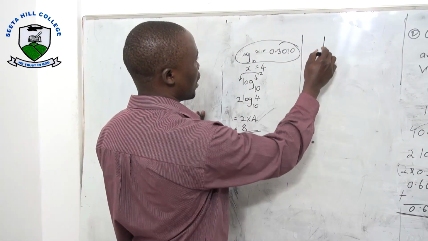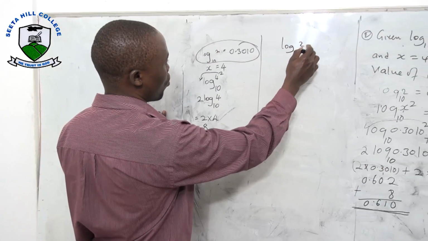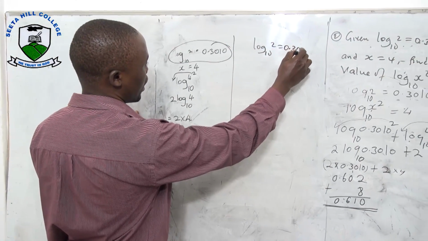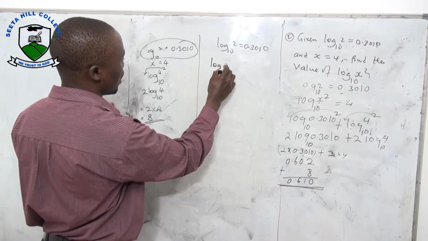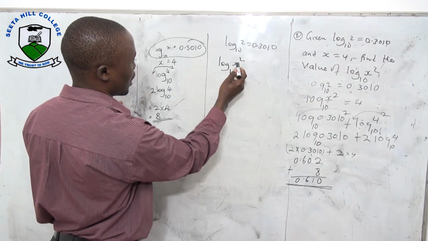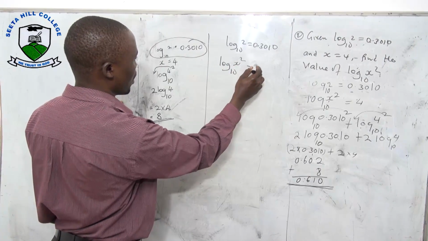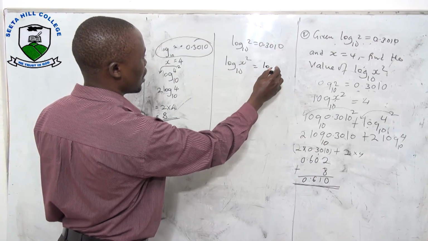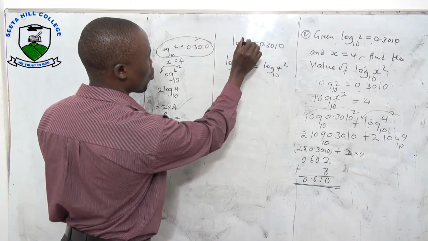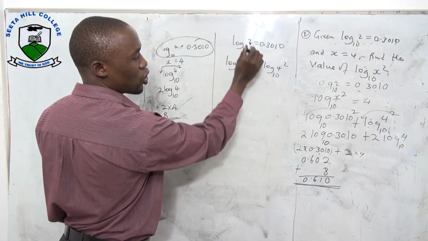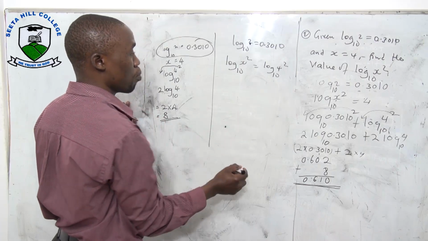Remember that if they say this, then you have to use it somewhere. Now they want you to evaluate this. But what is x? Follow the question. That is 4, not so? See? But the question wants you to use log what?